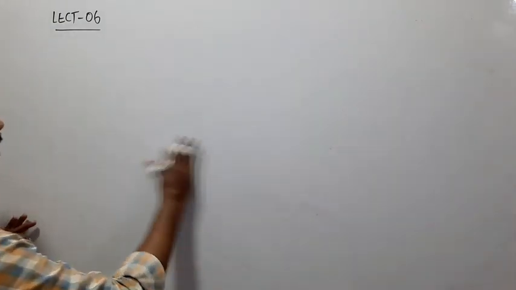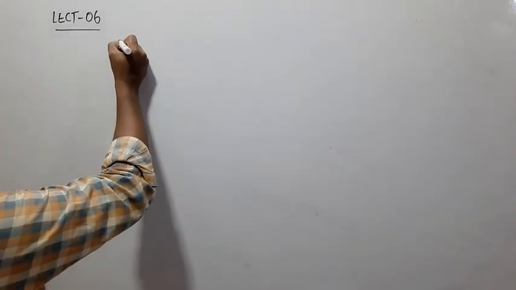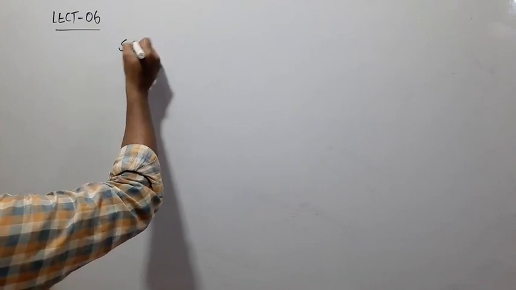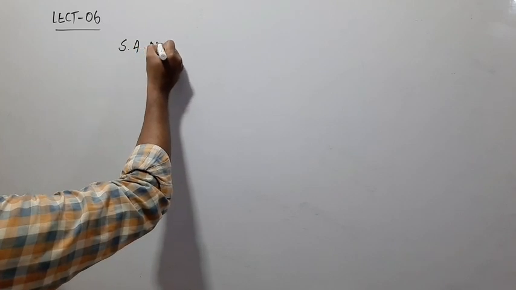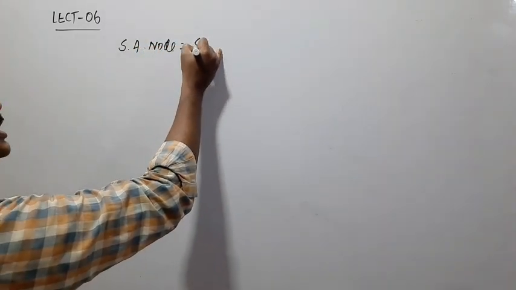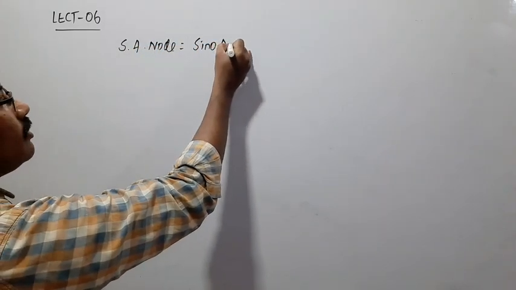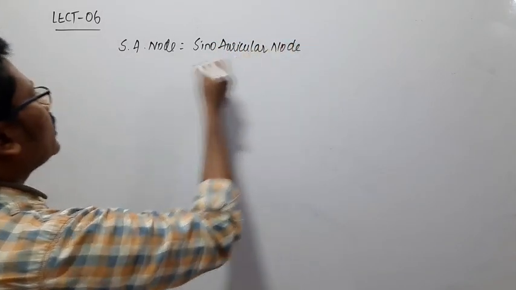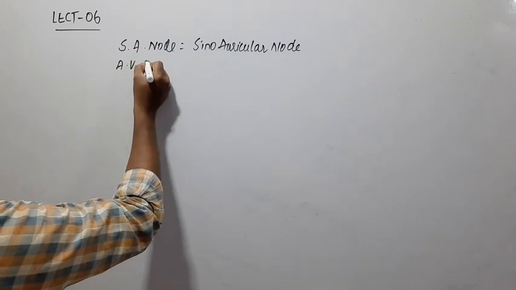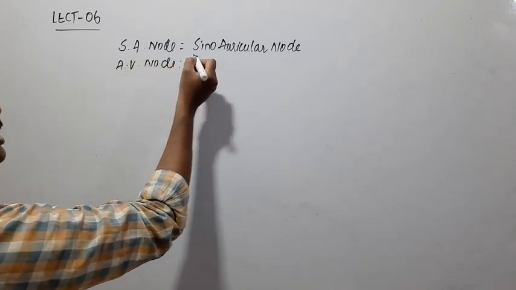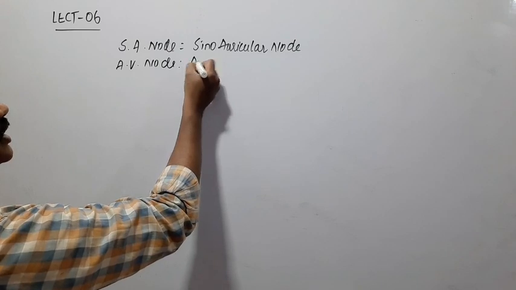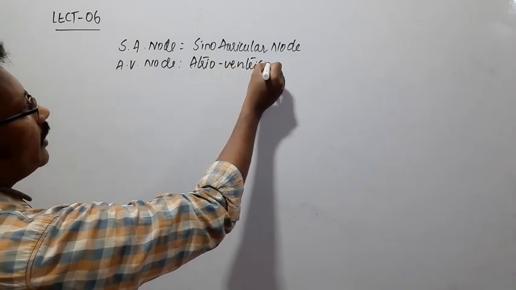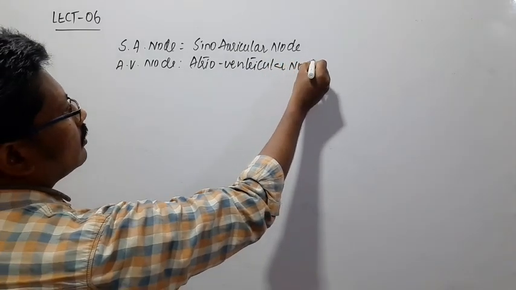So here I would like to talk about some special nodal tissues which we call SA node, that stands for sino-auricular node, and another one called AV node, and this stands for atrioventricular node.